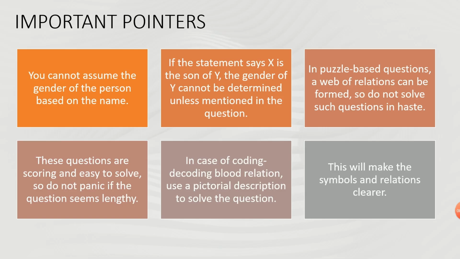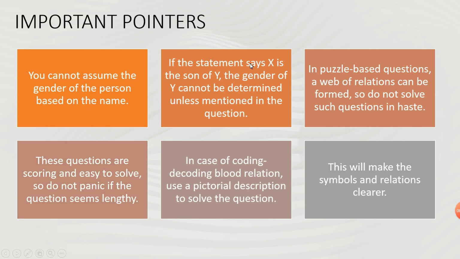Our commonly understood meaning of the word Queen is female, but there Queen is a family name, so both male and female would be called Queen. So when it is Oliver Queen or whatever, you cannot assume the gender of the person based on the name. So you keep that in mind.